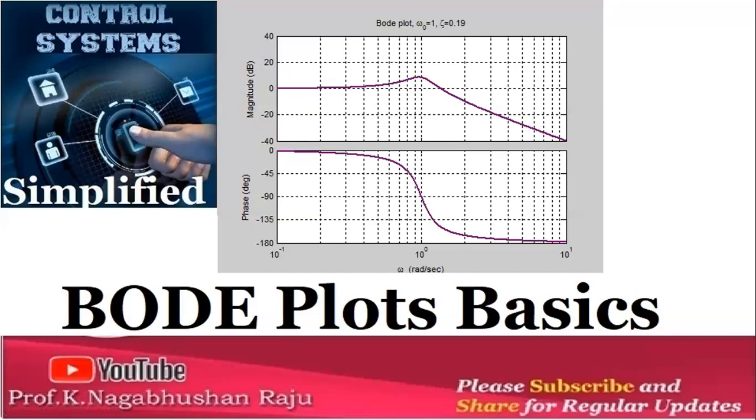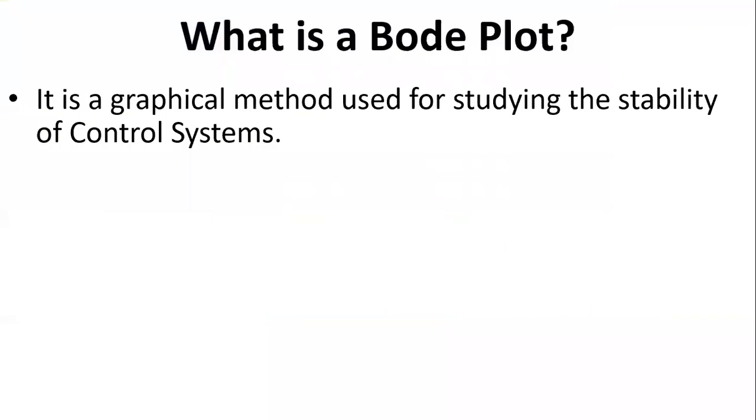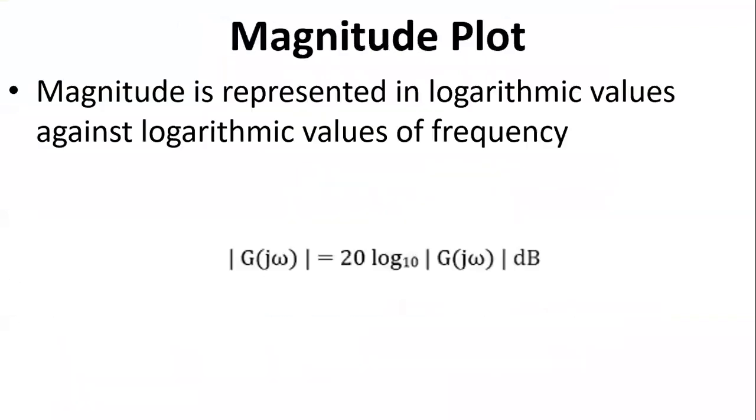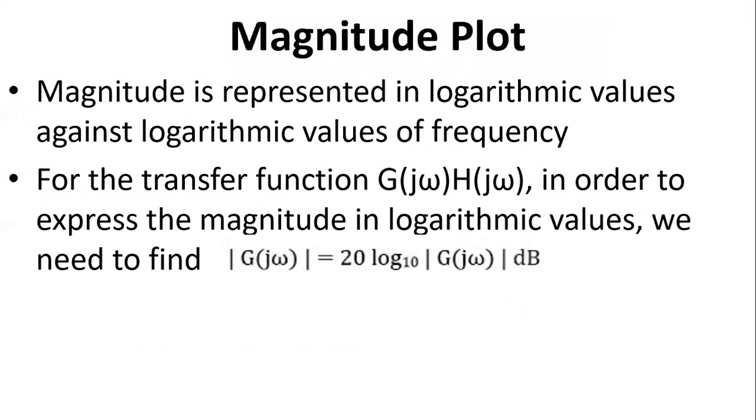So we can say that a Bode plot consists of two plots. First, the magnitude plot, where magnitude is represented in logarithmic values against logarithmic values of frequency.